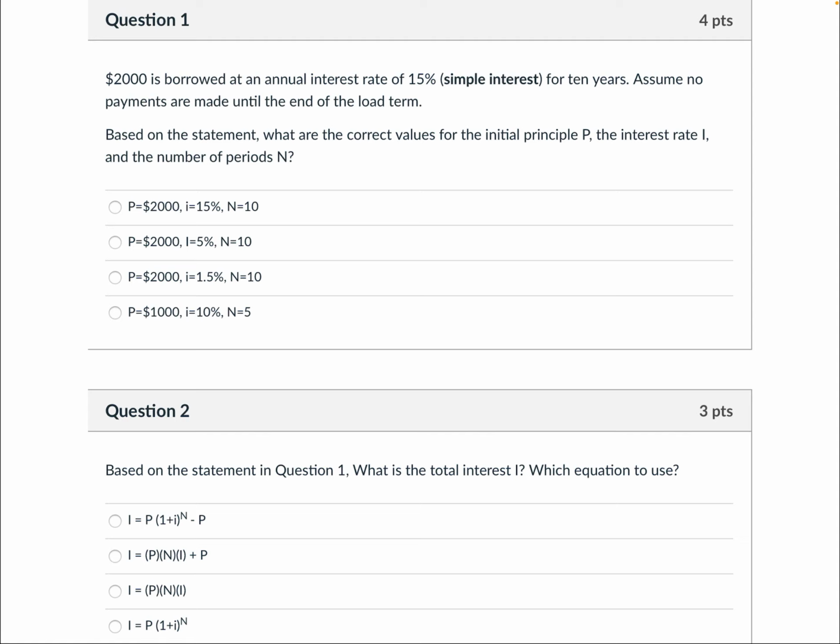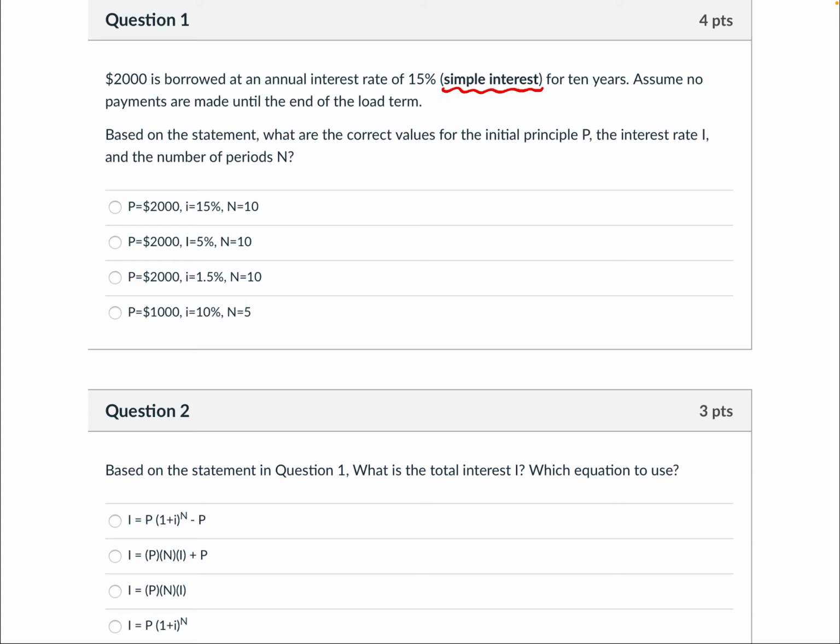Okay, so question number 1 is about simple interest. So 2,000 is borrowed at an annual interest rate of 15% for 10 years, and this is simple interest, which means the interest is only based on the initial principal.